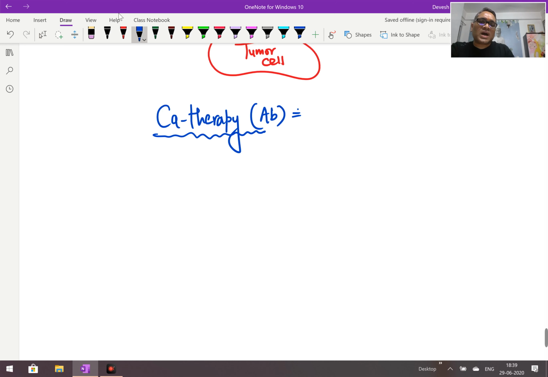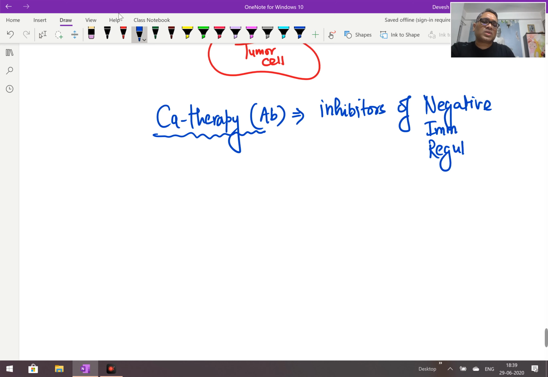Antibodies which are the inhibitors of negative immune regulators, right? So now you understood what I'm saying. Negative immune regulators, who are these? You remember PD1 and CTLA4, right? So that is the recent discovery by these two people, right? They won the Nobel Prize for this only, right?